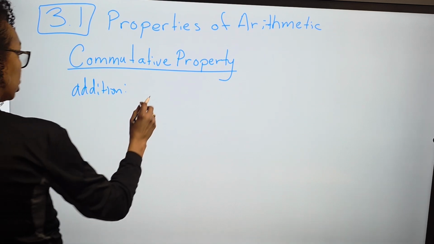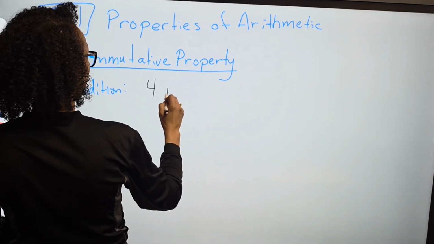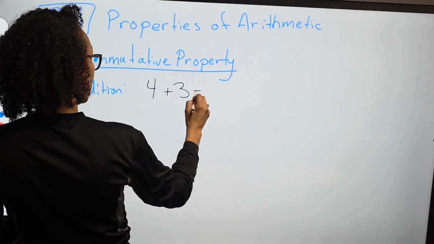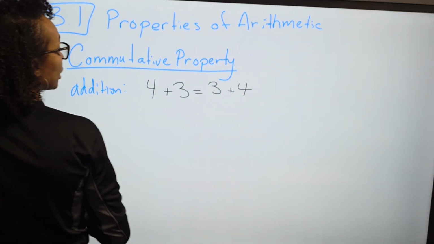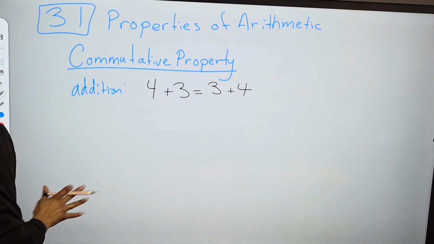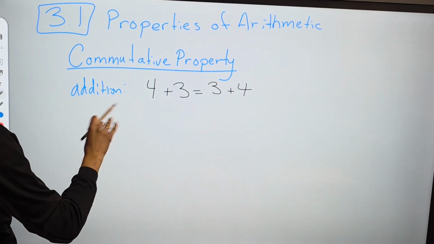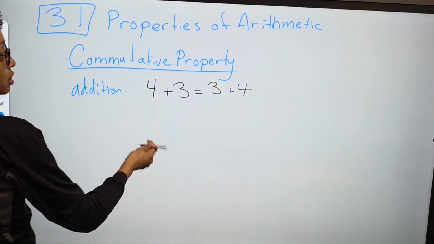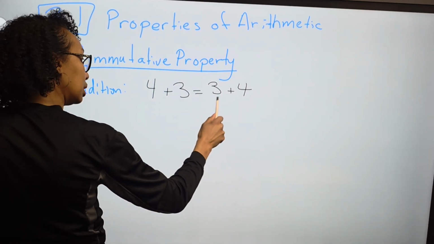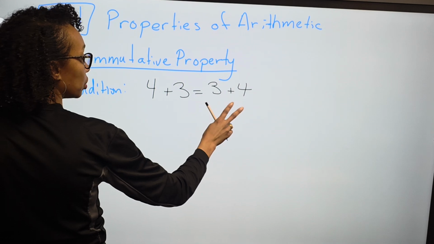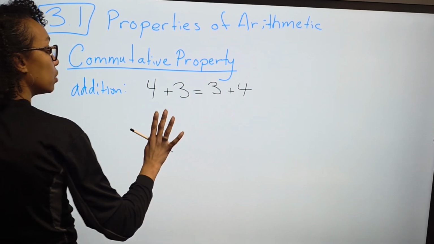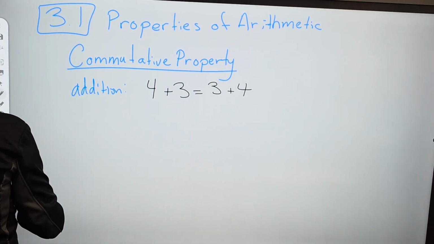we see that you can do 4 plus 3, it's going to be equal to 3 plus 4, okay? If we were to use letters in place of numbers, or variables, we could say a plus b is the same as b plus a. The idea that any numbers that we're adding together, we can switch the order and still get the same answer.